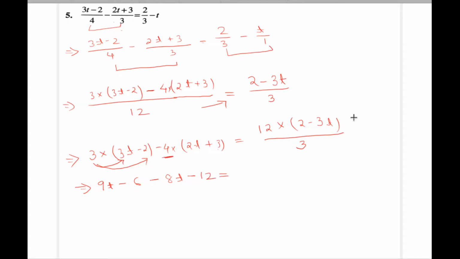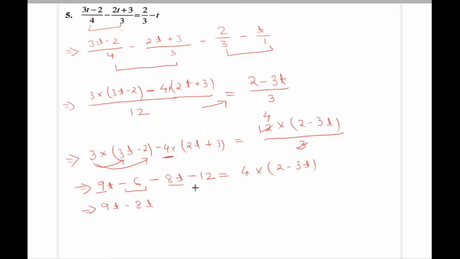Okay, now come to this side. See, (2 minus 5t), this term is in bracket and it is in multiplication form with 12. So we can reduce it to the smallest form by cutting it down with 3. So we are left with 4 multiplied by (2 minus 5t). Okay, now see, we will bring the variables on this side together. So 9t minus 8t.